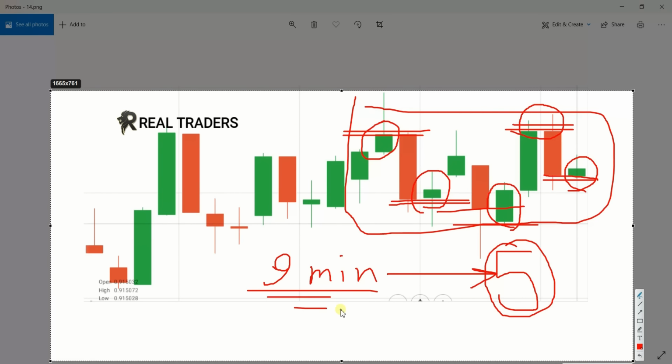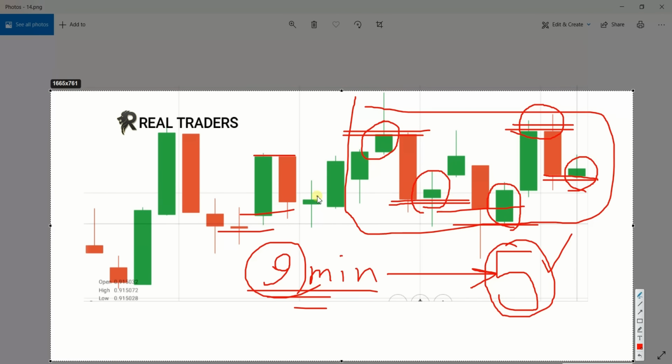So why do you open the chart and want to trade every candle? You just need to wait 1 or 2 minutes, and you will get a clear opportunity, a good shot, and you will win. Okay, so please don't think like this, that I must predict every candle here.